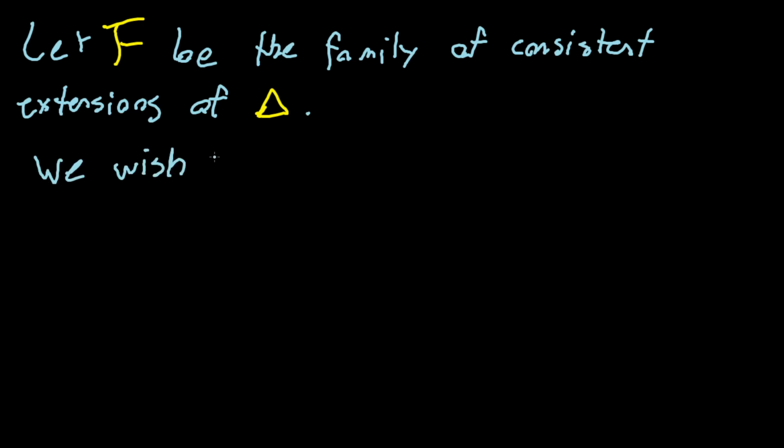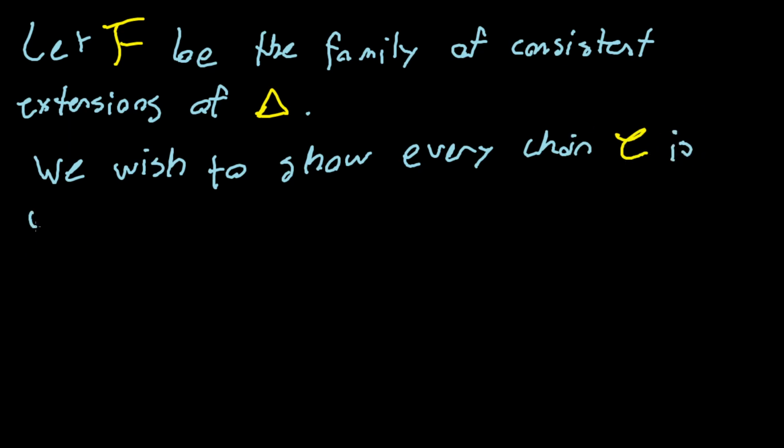So we're going to go right towards Zorn's lemma, and what we wish to show is that every chain C is upper bounded. So in this situation, what does a chain look like? Let's try to do a brief example. A chain might be, for instance, of course, delta is the smallest element that is a consistent extension of delta. So maybe delta is the first element of the chain.